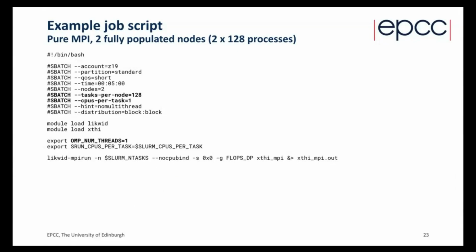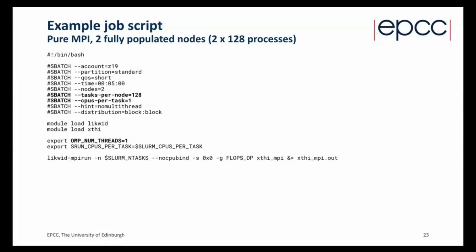So a simple example is for a pure MPI use case, having two fully populated nodes. So two nodes, each with 128 processes. So we specify nodes equals 2, 128 tasks per node, CPUs per task is 1. Set OMP_NUM_THREADS to 1. Export SRUN_CPUS_PER_TASK to SLURM_CPUS_PER_TASK as usual.